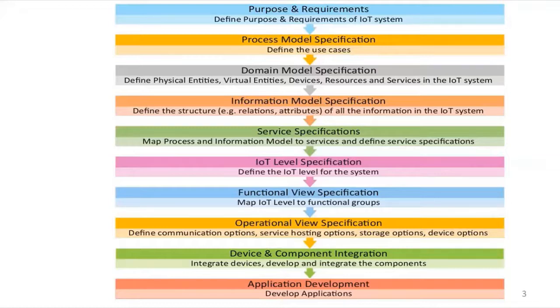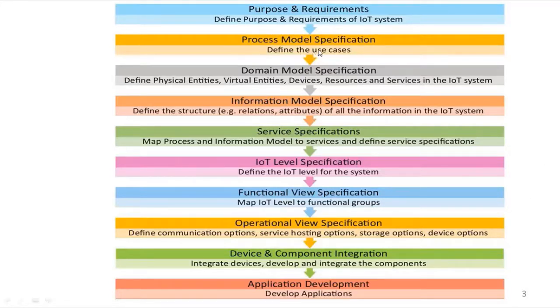The purpose may be, for example, in the case of a home automation system, monitoring the lights. And in the case of smart cities, the purpose may be identifying the vacant place for smart parking. Like that, you have to define the purpose in this case, and then the requirements for the IoT system.